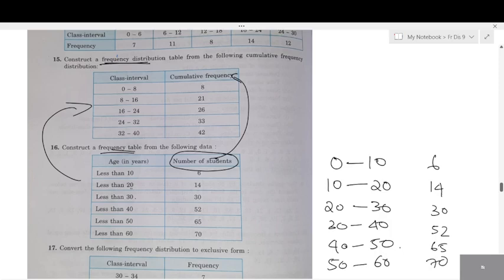Did you understand the difference? Right? So look here, students, write it like this. You all don't write number of students. If they ask us to find frequency, then which table is this? This is cumulative. Very good. This is cumulative frequency values.